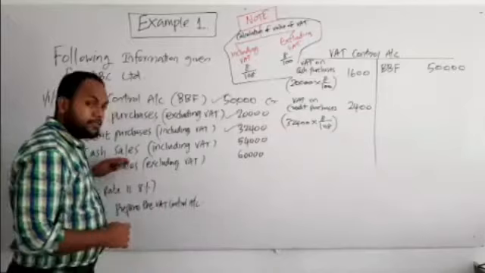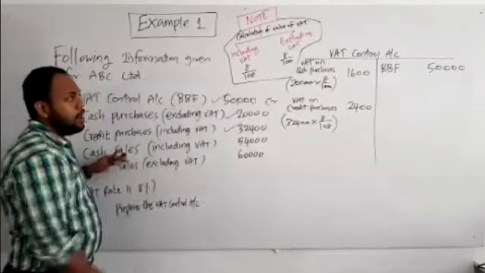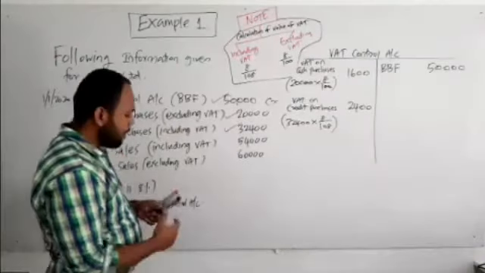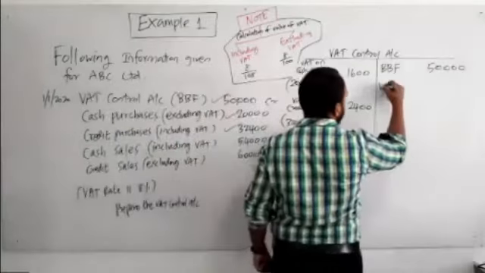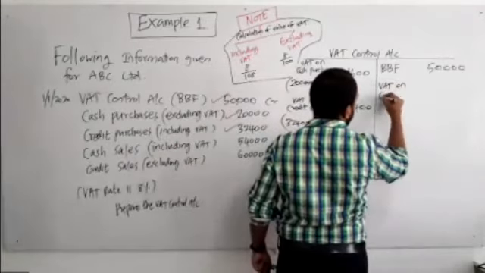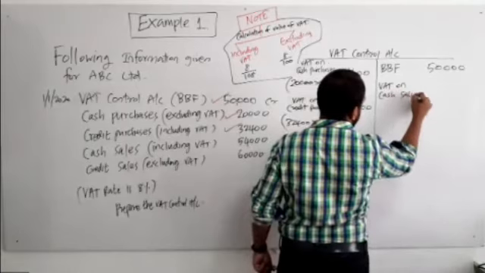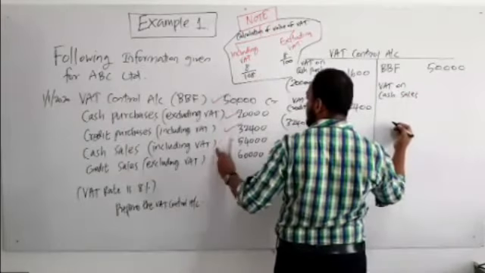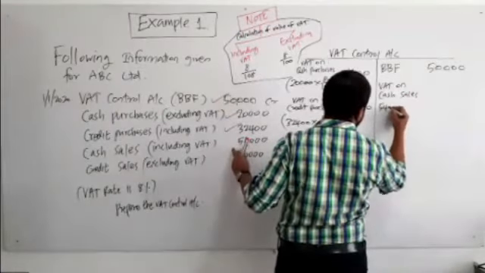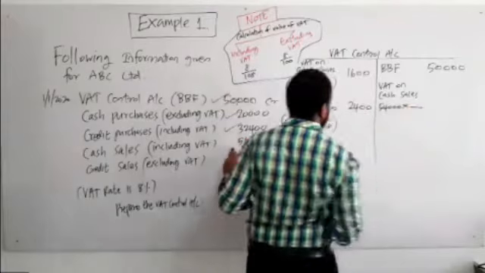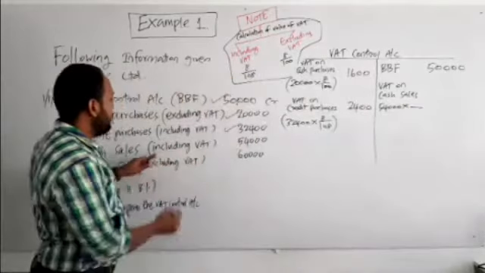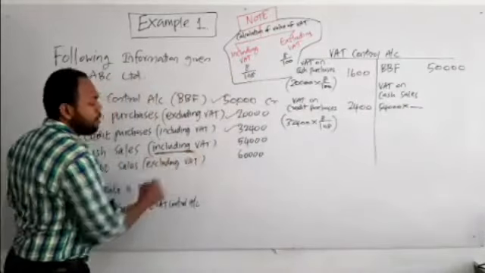Then sales. Sales is output VAT. VAT on cash sales, 54,000. Now it is including VAT.